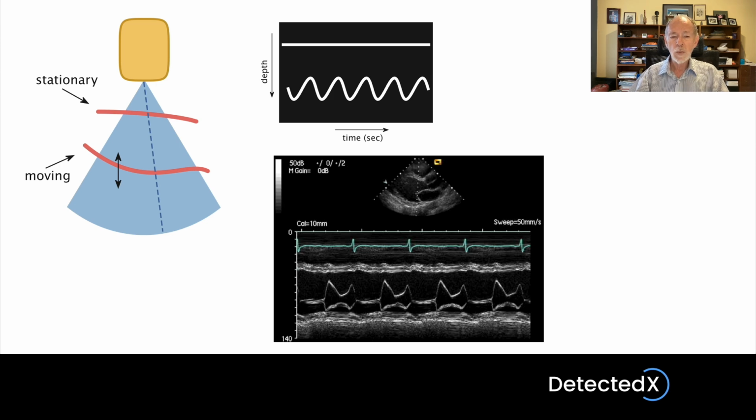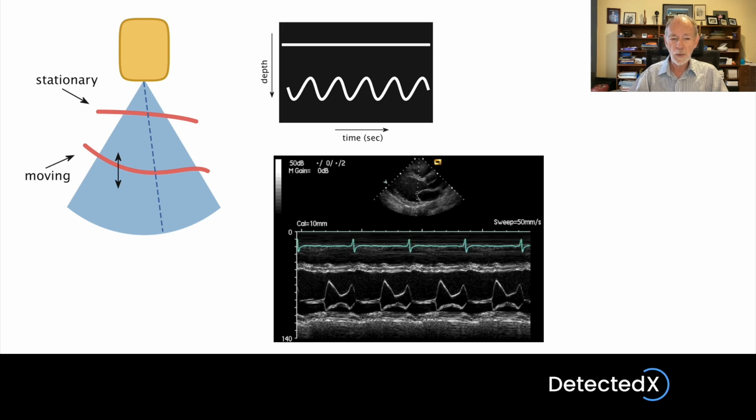On the lower right, we see an example where the beam has been directed through the tips of the mitral valve leaflets, and we can see the way the mitral valve opens and closes, the complex pattern that it has as it's doing that. This M-mode, by the way, has an ECG reference, which you can see in a different colour, so that you have an accurate timing reference.